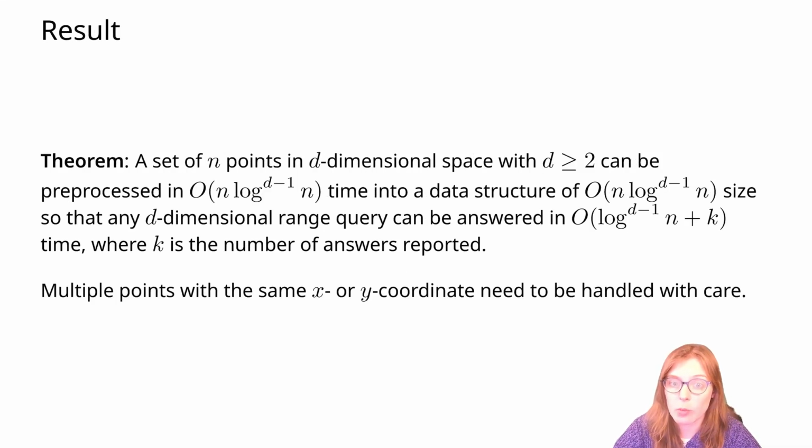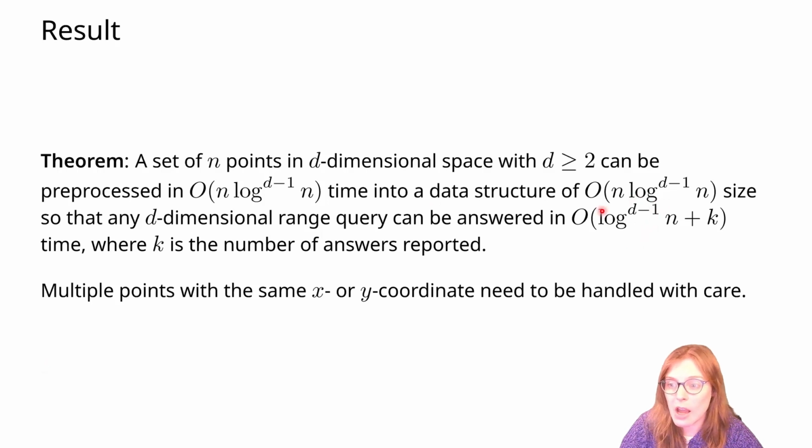So, a set of n points in d dimensions can be preprocessed in O of n log to the d-1 n time into a data structure of O of n log to the d-1 n size, so that any range query can be answered in O of log to the d-1 n plus k time, where k is the number of reported points.